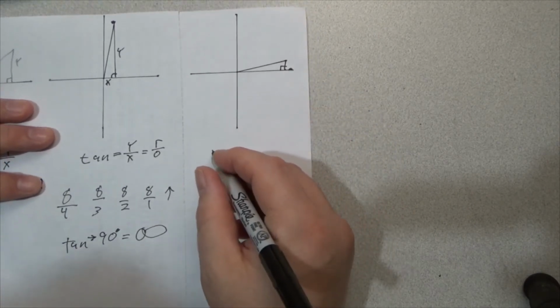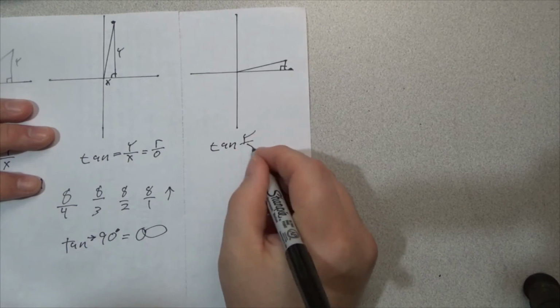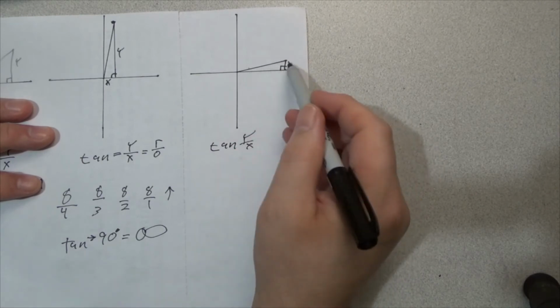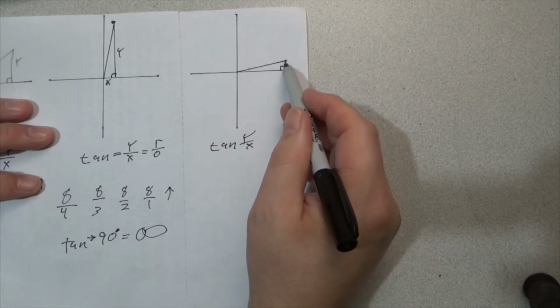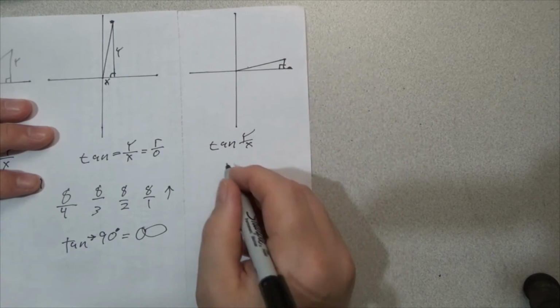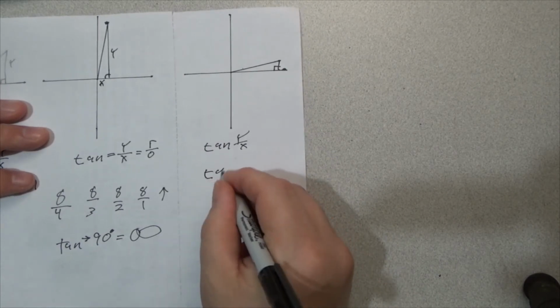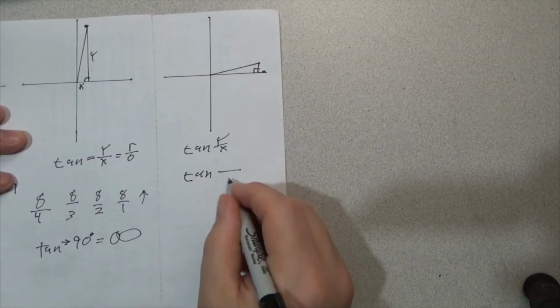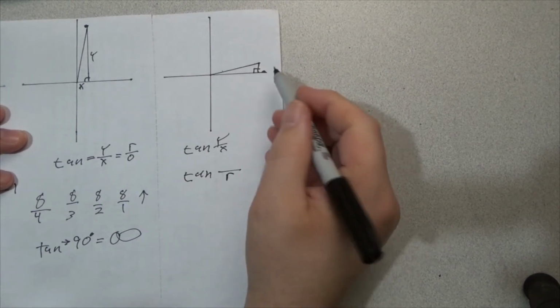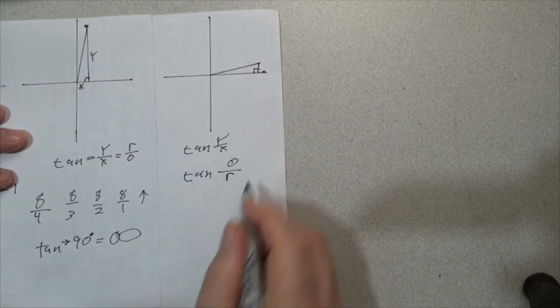We start out with tangent is y over x, and as the angle gets lower and lower, closer to 0, we know that the x side then becomes r, which is in the denominator, and the y side becomes 0.